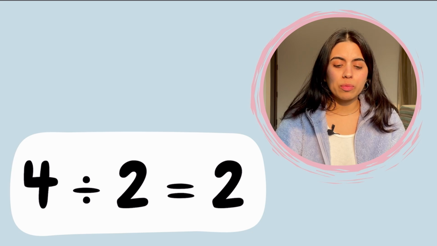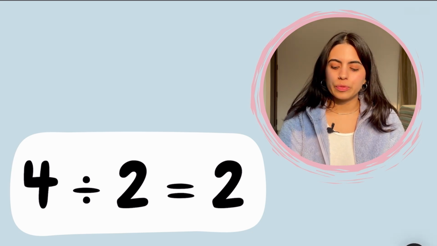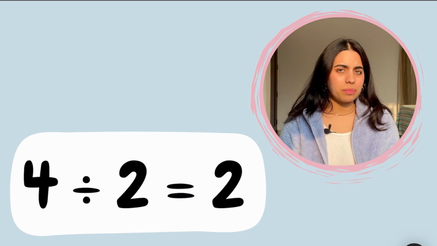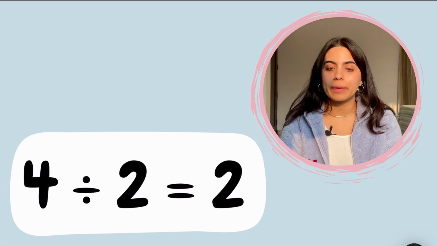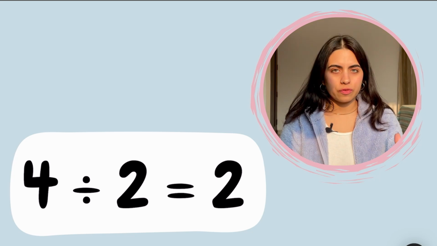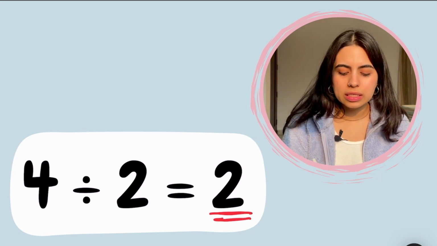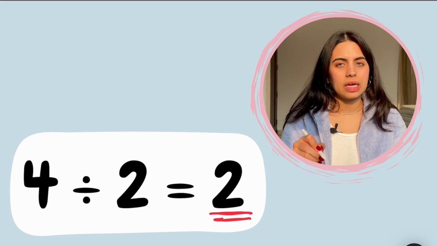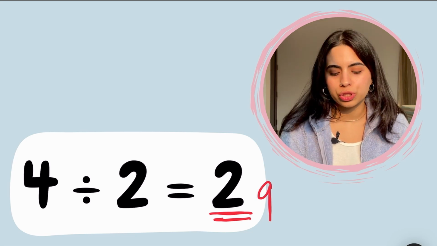But before we move forward, I have something that I want to tell you. So we know how to divide, but what are all of these numbers called? Each number has a name. So first of all, since we are finding answers, what is our answer called? So here the answer is 2, but what is it called? It is called the quotient.